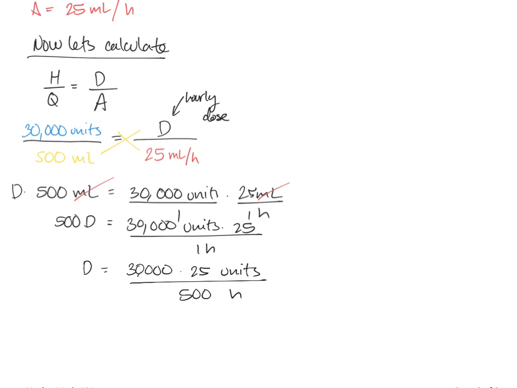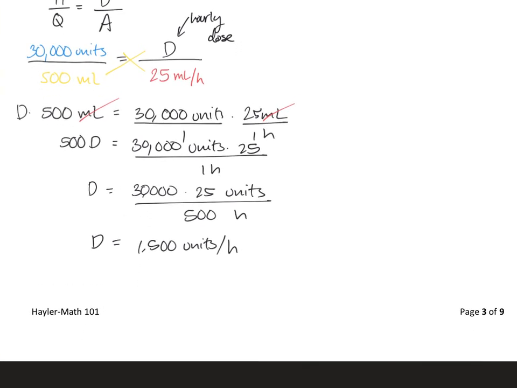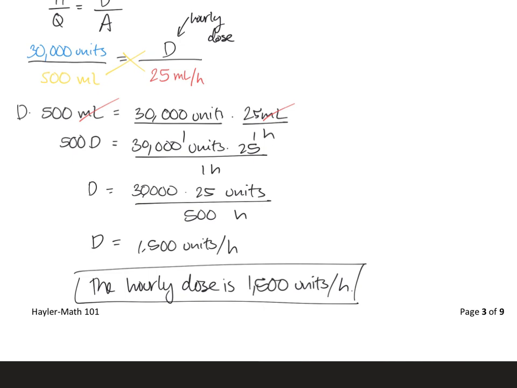Simplifying this out, we will get 1,500 units per hour. Alright, and that is the hourly dose. 1,500 units per hour, period. Alright, and that is it for section 17.4.